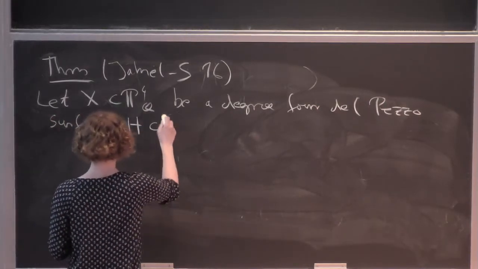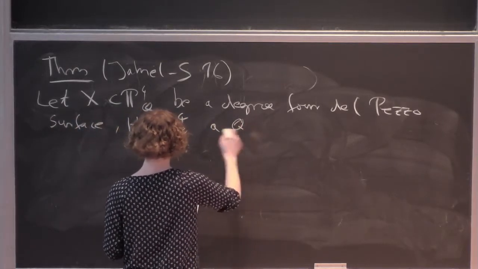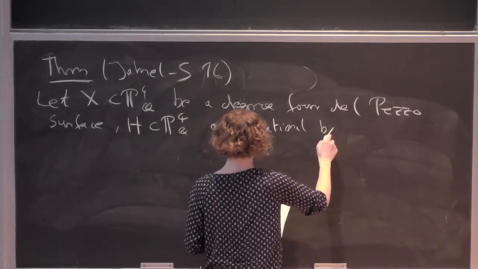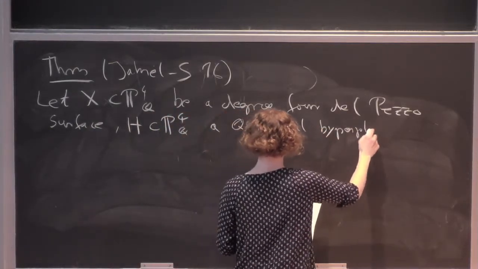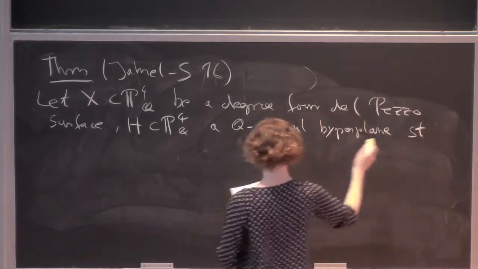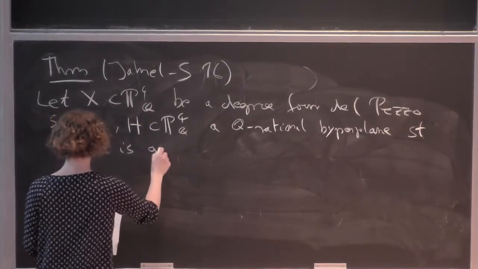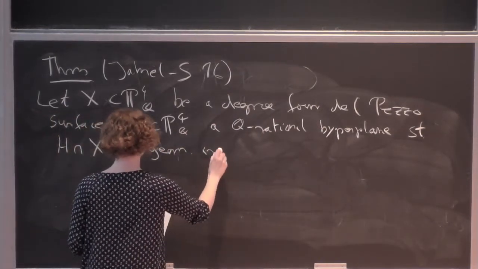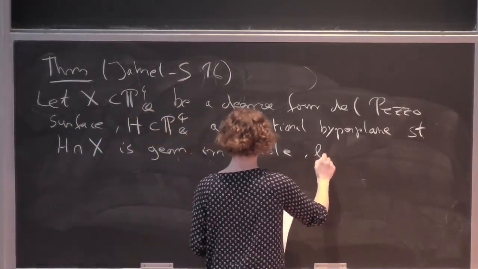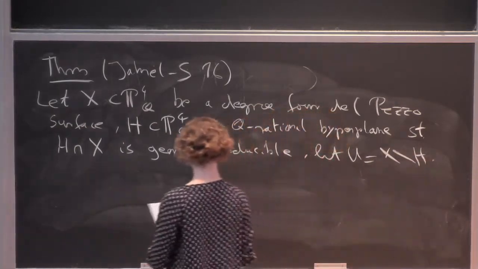And let's say H is a Q-rational hyperplane, given by x4 equals 0. And we need to assume that the intersection of H with X is geometrically irreducible. And then let U be the complement, X minus H.